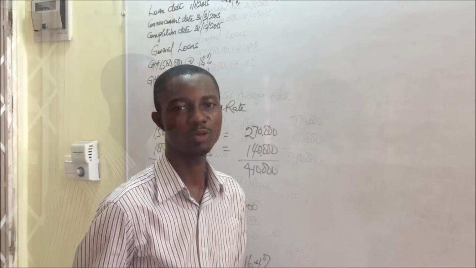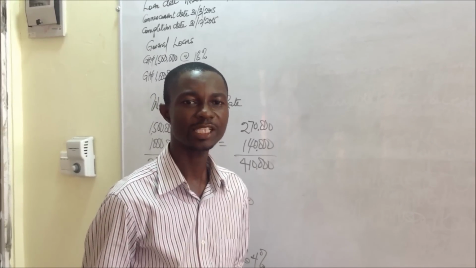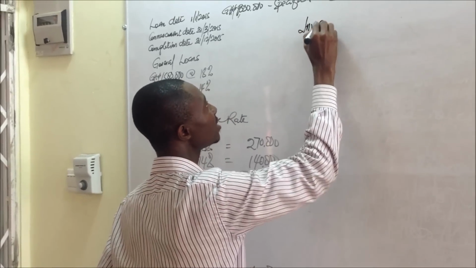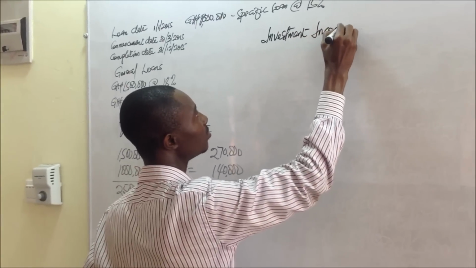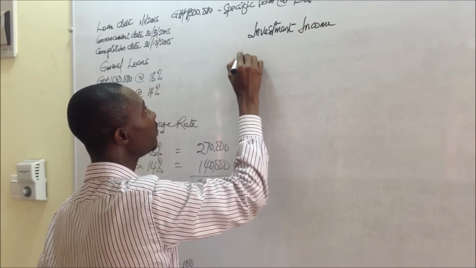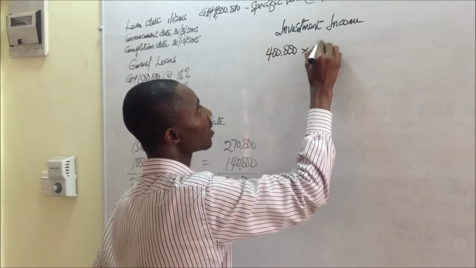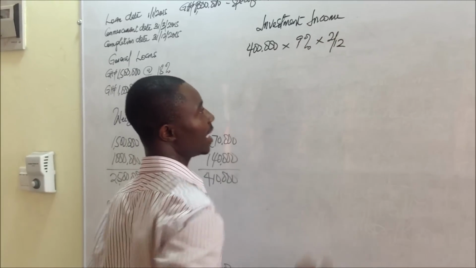From the illustration question, we're also told that there was some investment income arising from investment of the specific loan. So we have to calculate the investment income. We're told that we invested 400,000 at the rate of 9% for 2 months, so 2 divided by 12.